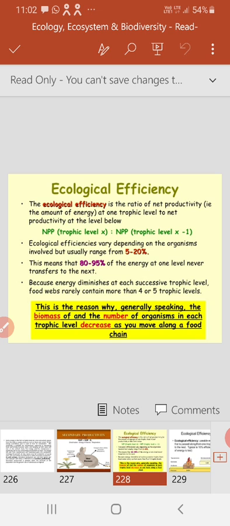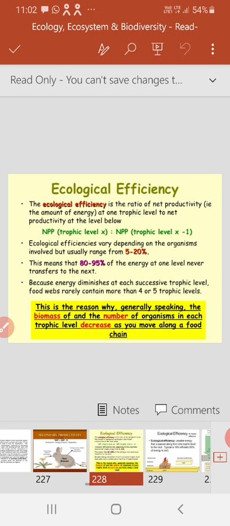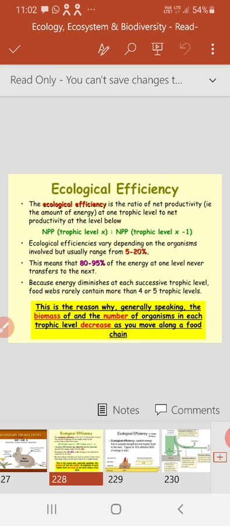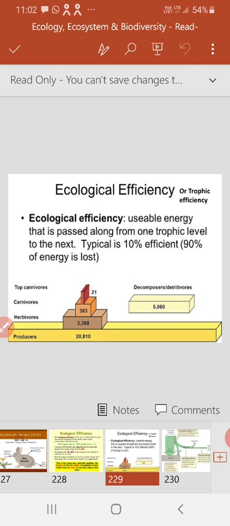As I mentioned earlier, ecological efficiency varies depending on the organism involved, but usually it ranges from 5 to 20% only. You can see ecological efficiency is typically 10%, or we can say 90% of the energy is not transferred to the next trophic level.